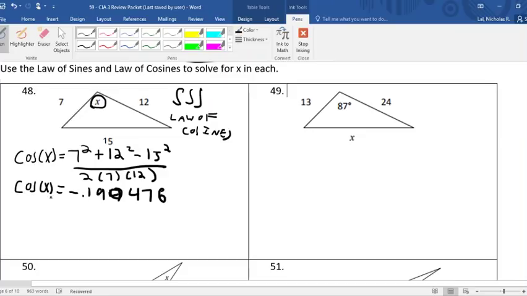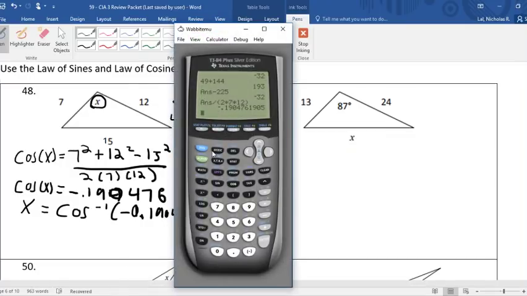So just find the inverse cosine. If cosine of x equals this term, x is going to be equal to the inverse cosine of negative 0.190476. Mode, triangles have degrees, not radians. So I'm going to find the inverse cosine of negative 0.190476.